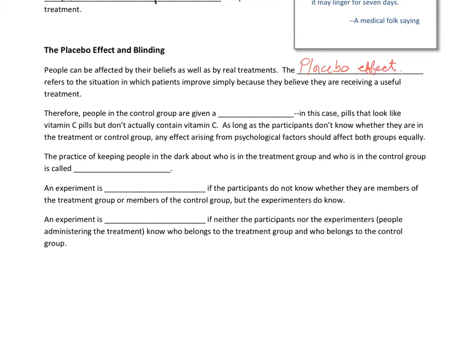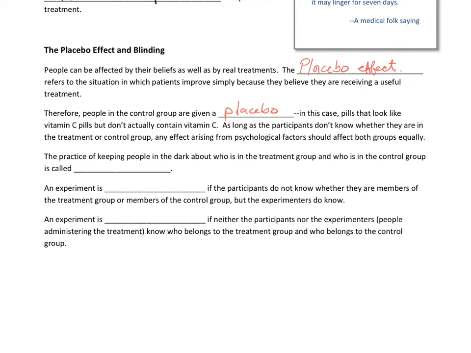And the placebo just refers to a pill that looks like the actual treatment but doesn't actually contain the treatment. So the people will get a placebo and think it's the real deal.